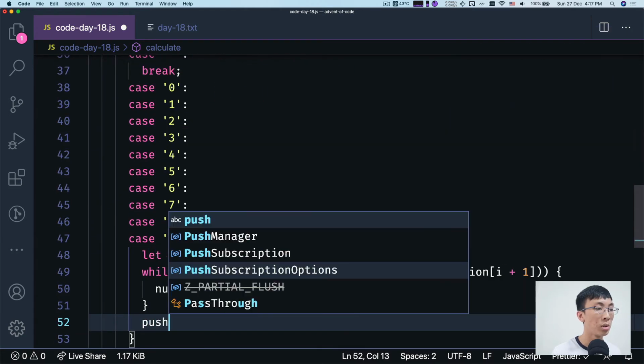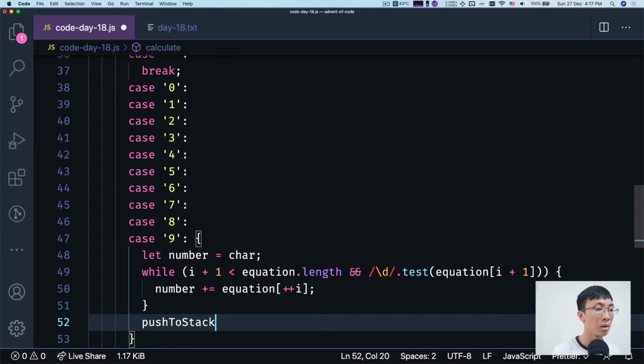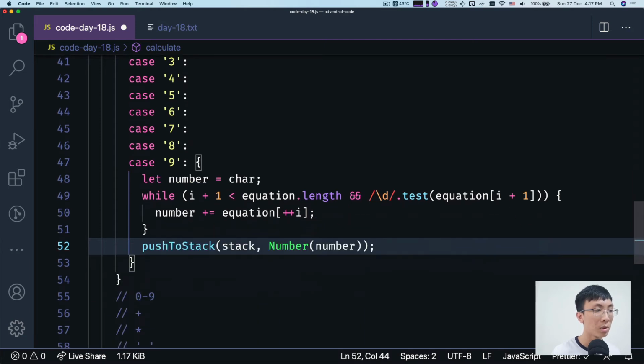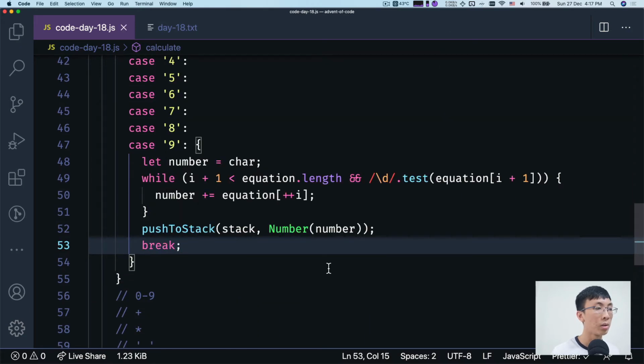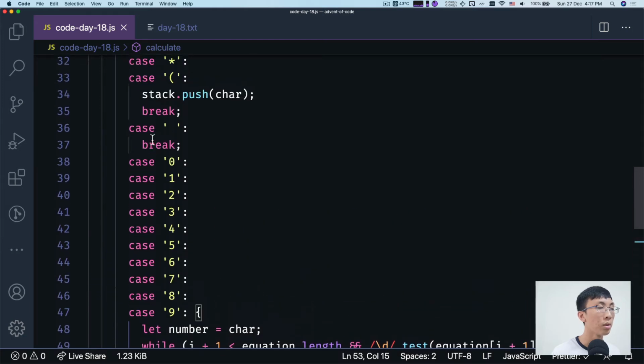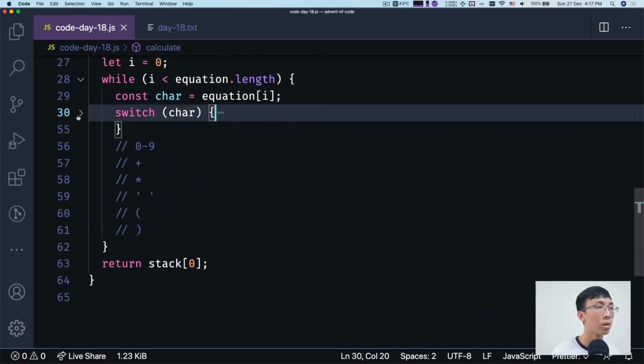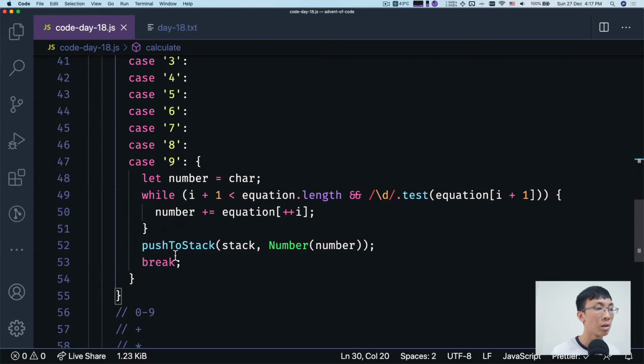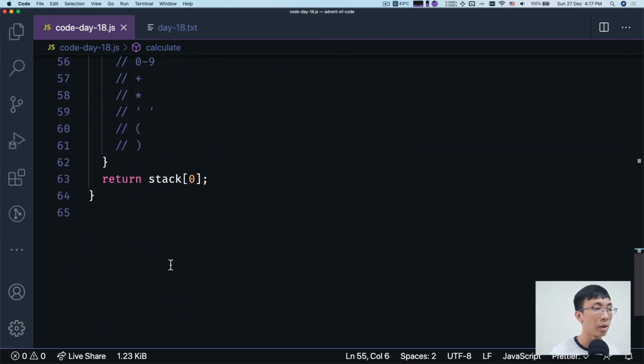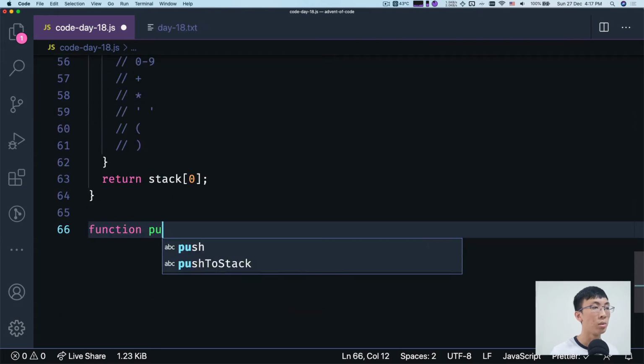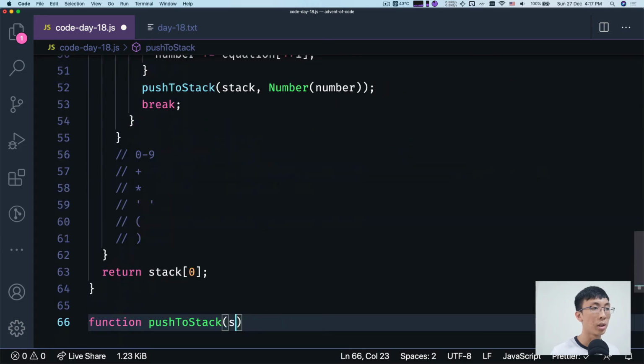So we're gonna call push to stack and the number. I'm gonna convert it to a number, and we're gonna break, right? Okay, so we're gonna have a function called push to stack, which gives us a stack and a number to push.